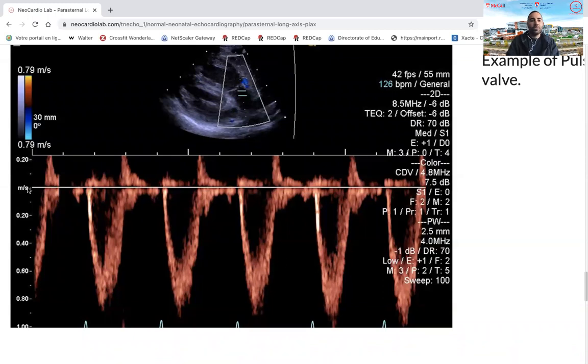So if you have time on the x-axis and velocity on the y-axis, you can do a tracing of this envelope of blood flow, which here you can see is the time that there's ejection. And it will give you a sense of the individual distance. So for example, at time 0, you're at 0. At time 1, you will be at this amount of velocity.